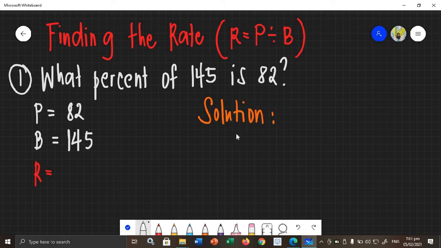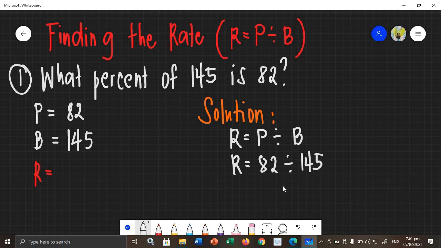Using the formula, R is equal to P divided by B. So R is equal to 82 divided by 145. Okay, so R now is equal to 0.5655 and so on and so forth.